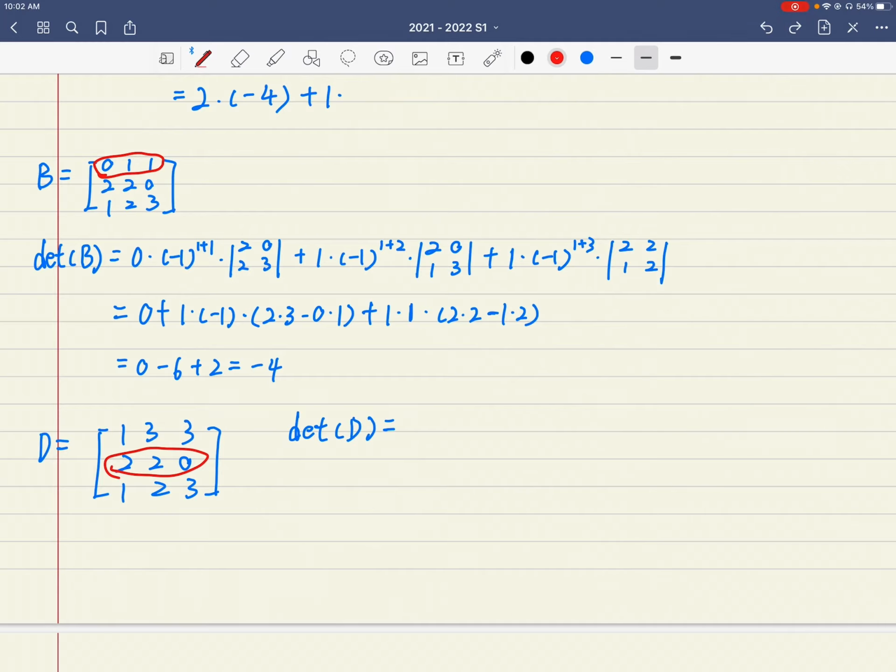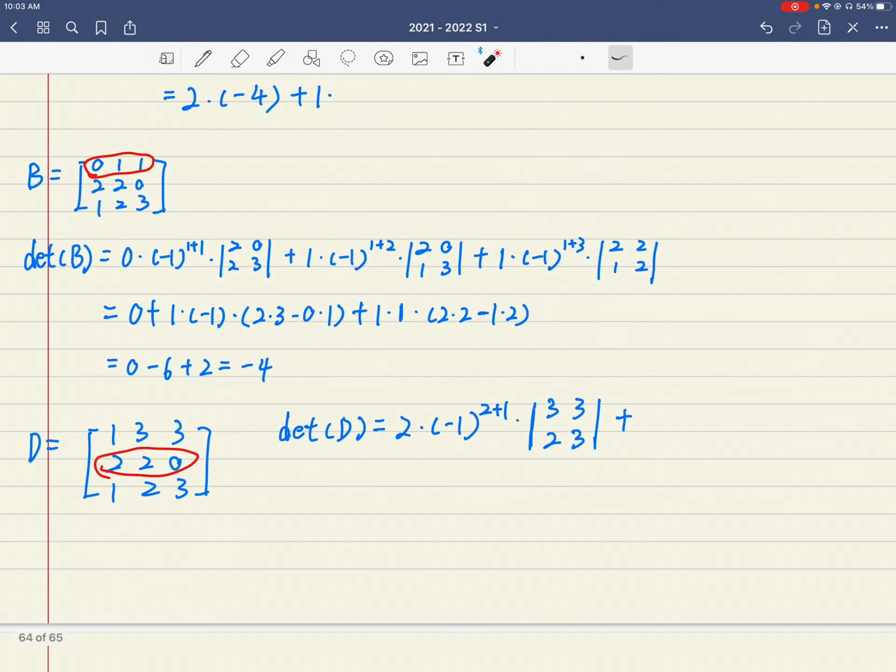I love zeros in the row. So it's going to be 2 times, you delete the first column and second row, you get [3, 3; 2, 3]. This entry is the 2,1 entry, so negative 1 to the power of 2 plus 1 times the determinant of [3, 3; 2, 3].